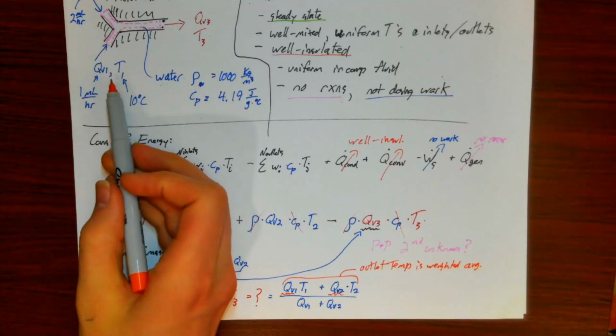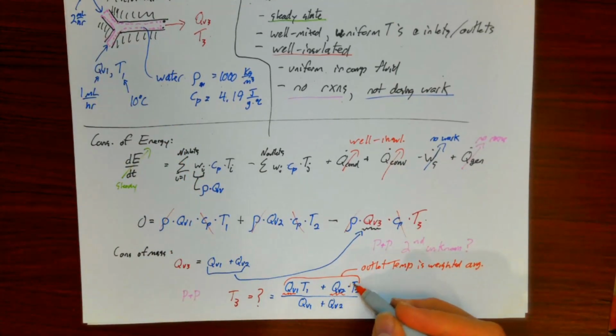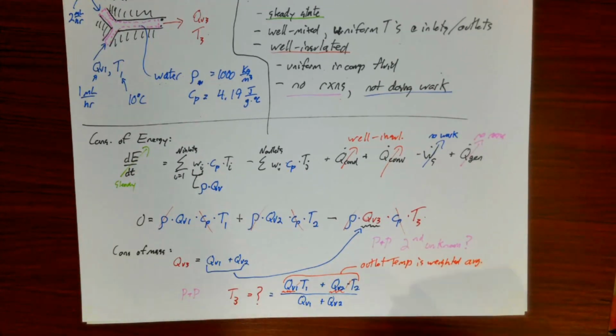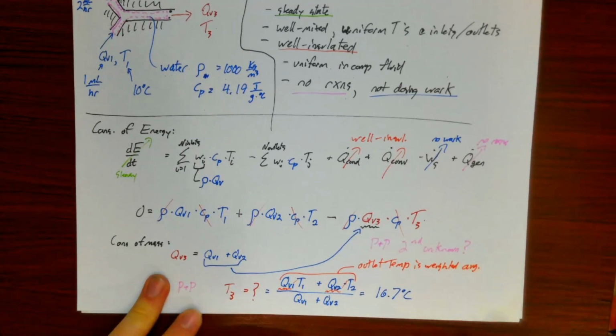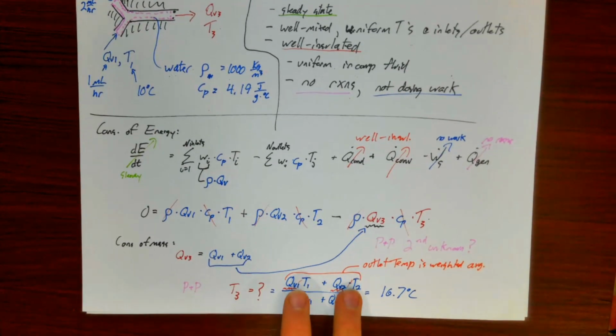So if QV1 is really big compared to QV2, then the outlet is going to be more like T1 than T2, and vice versa. And if you plug in the actual values, you end up with 16.7 degrees C as your T3.